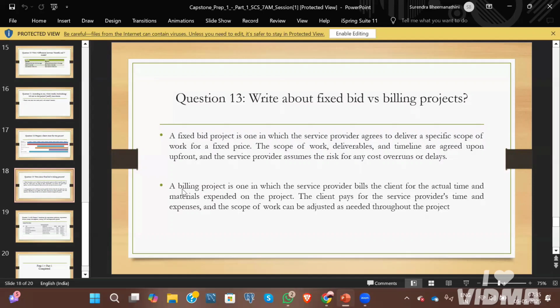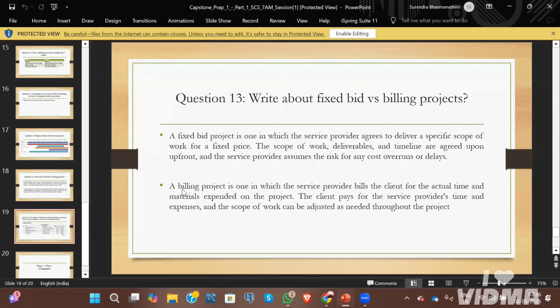That is called fixed bid. A billing bid is where the budget is released according to the work done by the resources. If they work overtime, the budget will also be released according to their overtime work. So the amount of your work will be the amount of budget released.